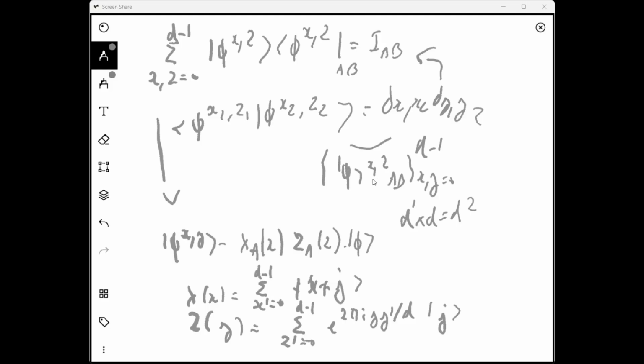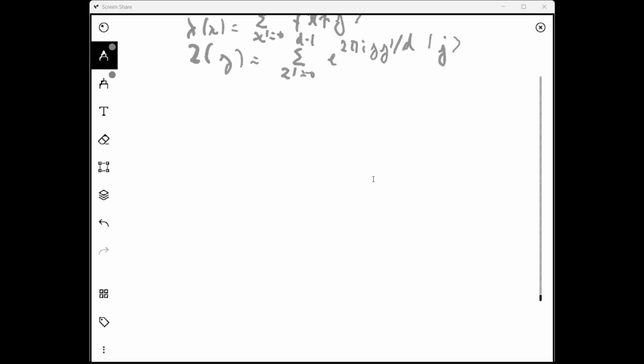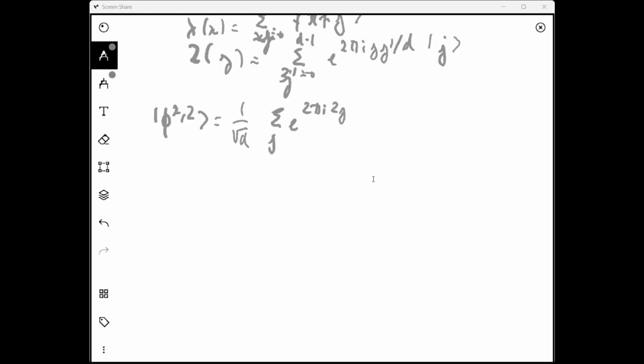So if we take it like this, we just have c x being equal to 1 over square root of d of the sum of g of exponential 2 pi z g over d of g plus x a xor g b.